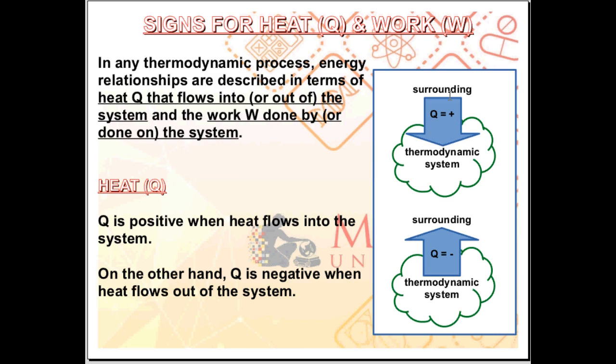So basically, heat gain, Q is positive, and heat loss, Q is negative. So if a problem or situation tells you that the heat flows out of the gas, you set Q to a negative value.